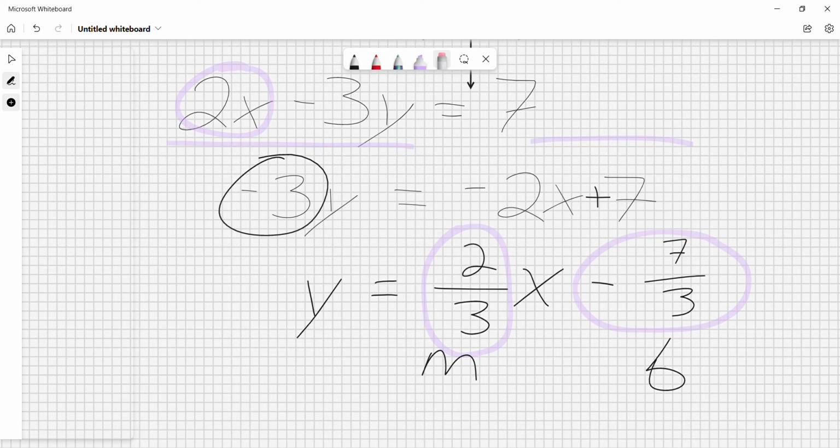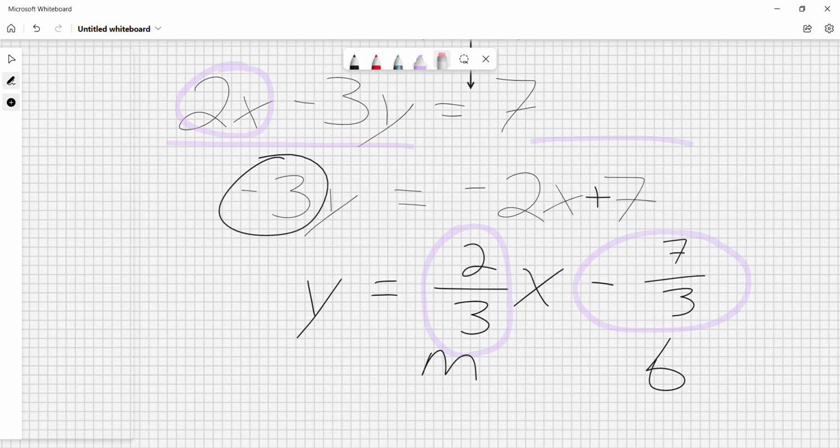Sorry, lost my place here. Let's work through guided practice number 7 on page 156. And then we'll do that together, and then I'll have you do it. It says use the given slope and the y-intercept of the line to write an equation in slope-intercept form.